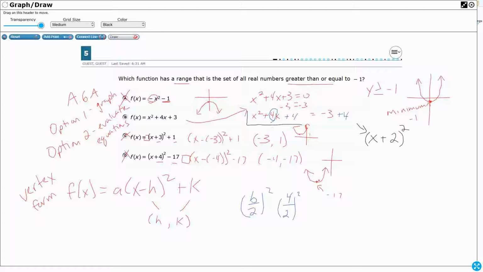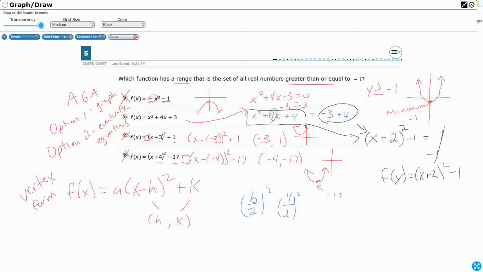So I just shrank this into that. And then I need to simplify this. Negative 3 plus 4 equals 1. I need this 1 to be on the other side. So I'm going to do that. That gets rid of it. And now I've got f of x equals x plus 2 squared minus 1.